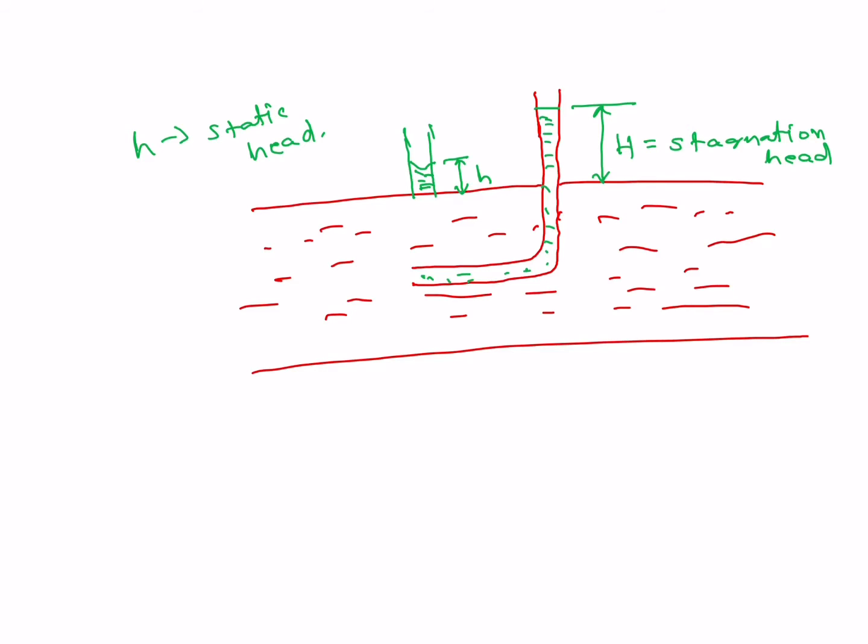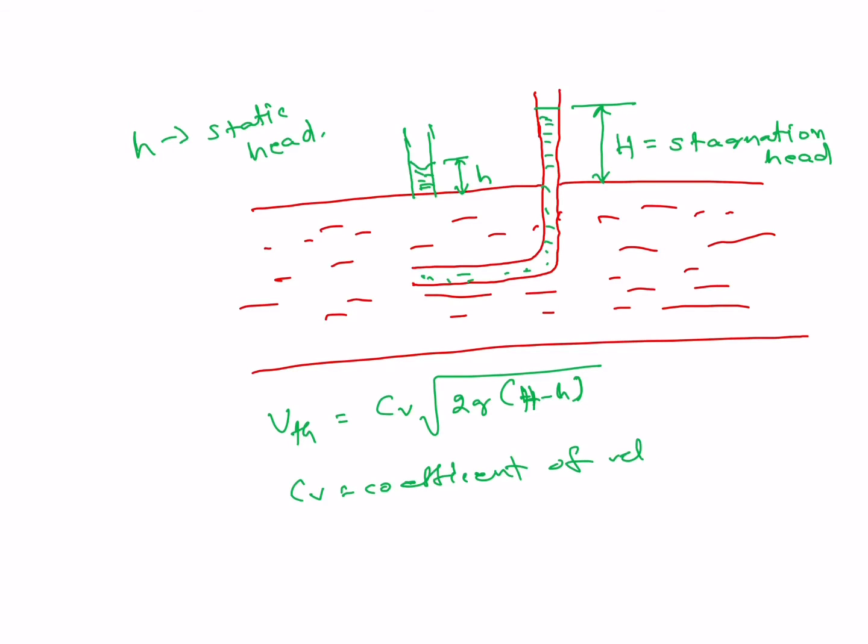Pitot tube principle is it converts your kinetic head to pressure head. And formula is theoretical velocity is Cv into root over 2g(H minus h). Cv is your coefficient of velocity.